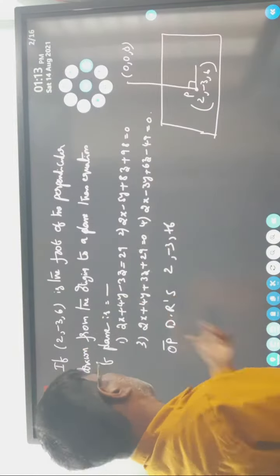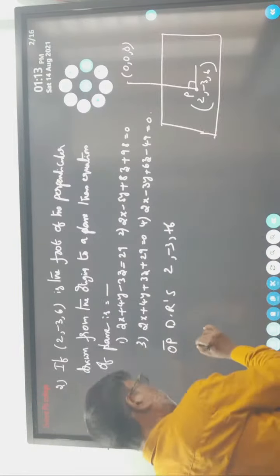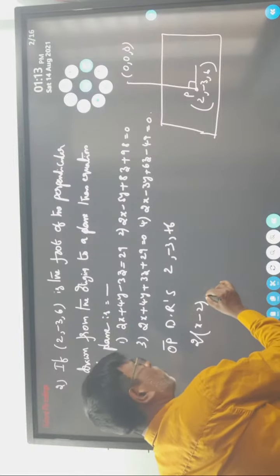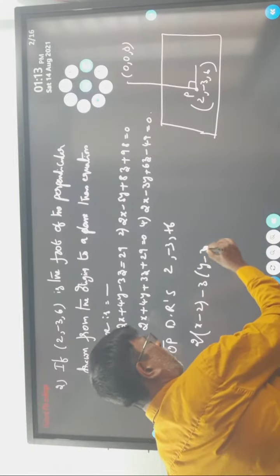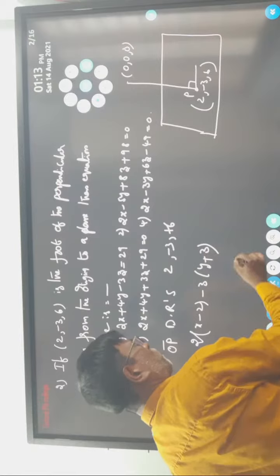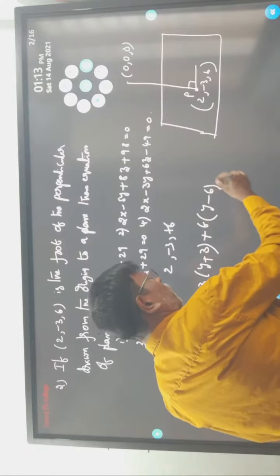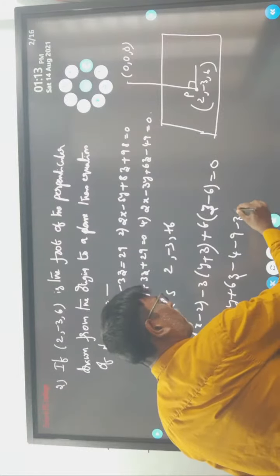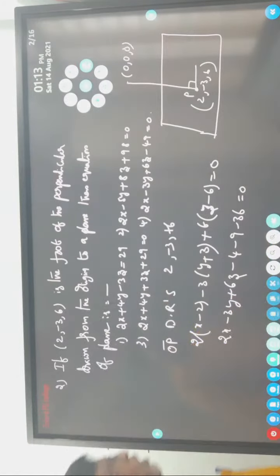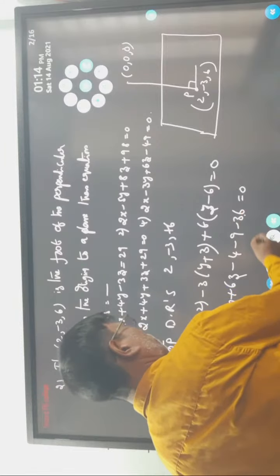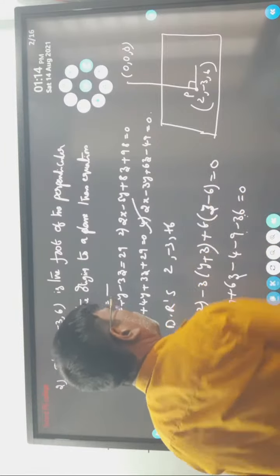The equation of the plane passing through that point is 2 into (x minus 2) plus minus 3 into (y plus 3), plus 6 into (z minus 6) equals 0. That gives minus 36. We check the answer, and we will get it easily. So 4 is minus 40, minus 40 minus 9, that is minus 49. This one is the correct answer.